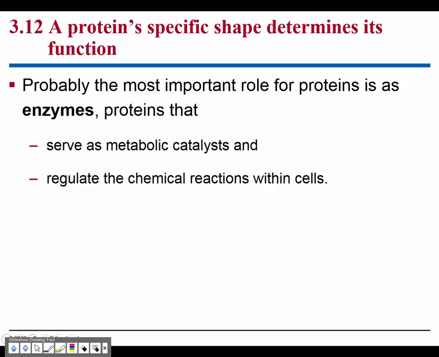They claim one of the most important roles for protein is as an enzyme. I don't disagree, but just know that enzymes they lower the energy of activation, and they're part of almost every single chemical reaction in our body. And so proteins, they serve as metabolic catalysts.